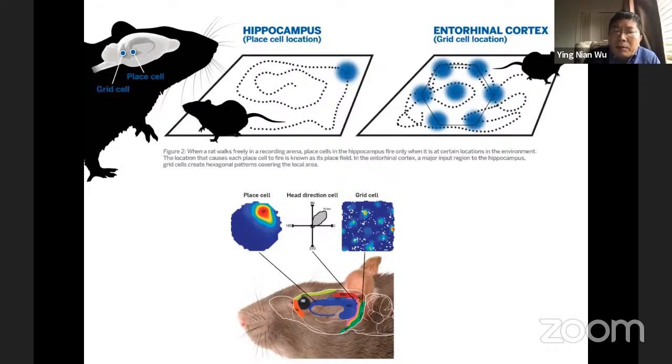But for the grid cells, each grid cell will fire at multiple locations, multiple positions in the environment. And those positions where each grid cell fires actually form a hexagon pattern, a very regular hexagon pattern. So that's why they are called grid cells.